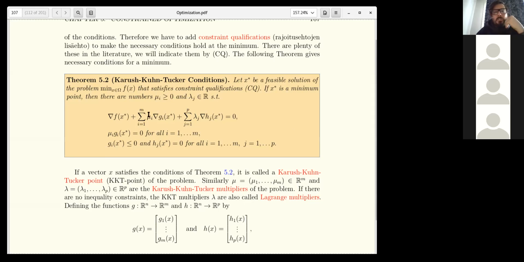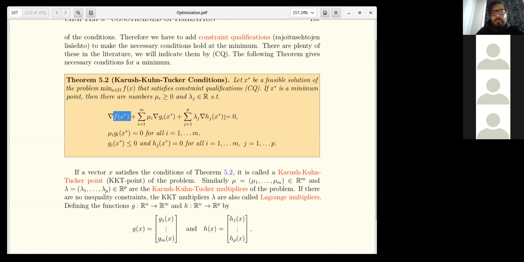We can basically ignore these constraints. We choose all of the mu I to be 0, and all of these lambdas to be 0. So we can completely disregard this part and this part.